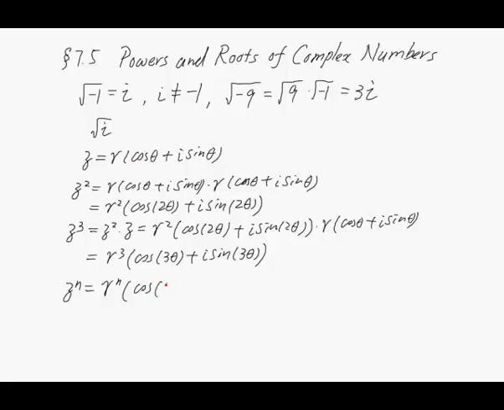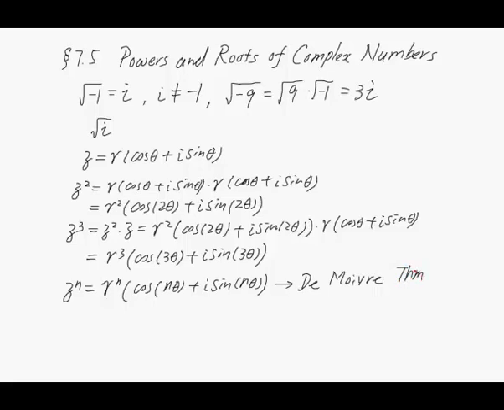So we have cosine of n theta plus i times sine of n theta. And this result is called the de Moivre theorem.